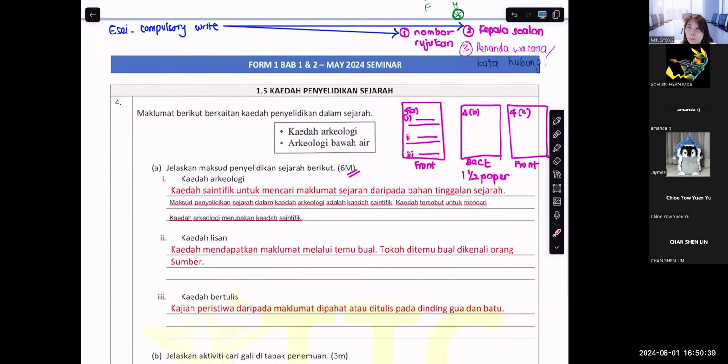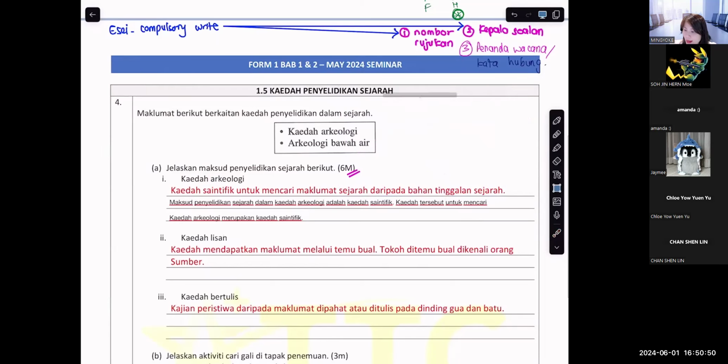Okay, now you see, when you write on your test pad, best is, guys, in your essay paper, for example, this is your test pad. Test pad is divided into front and back.